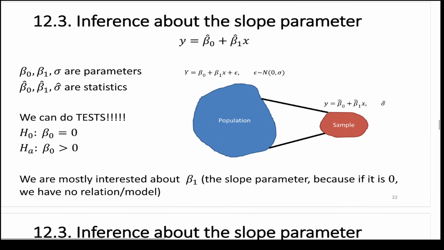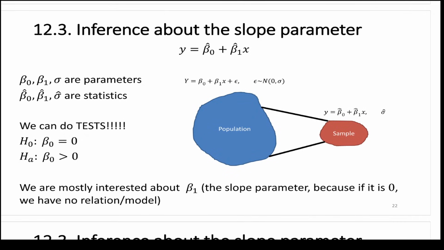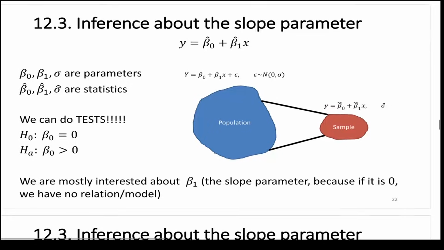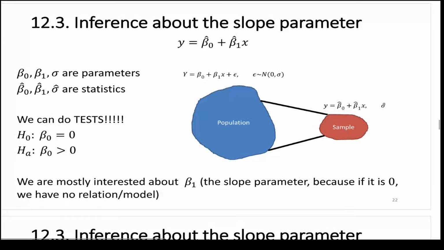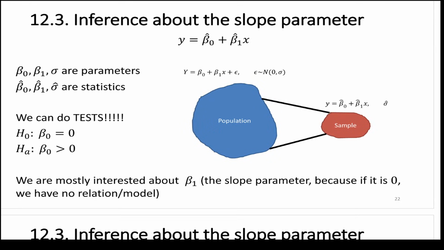We're not going to get into this today. We'll do it next time. Start talking about the hypothesis testing and stuff. This is going to be testing whether or not beta 0 or beta 1 is a particular value.